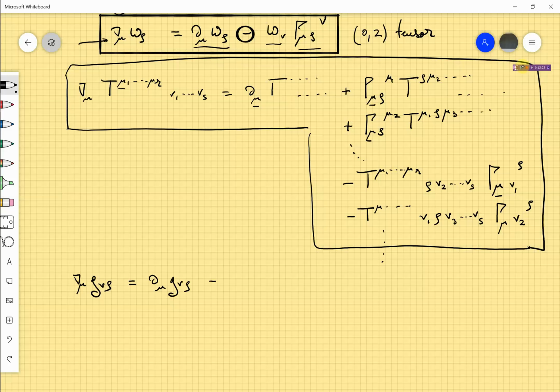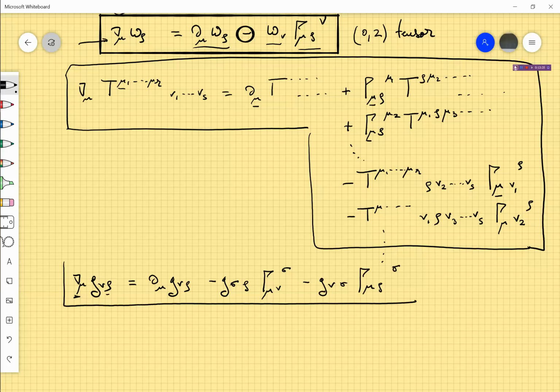First I replace the index nu by something else that I'm going to sum over, and I have sigma, the index of the derivative, and then the index that I am replacing. Now I do the same for the second index, rho. So it is g nu sigma mu rho sigma.